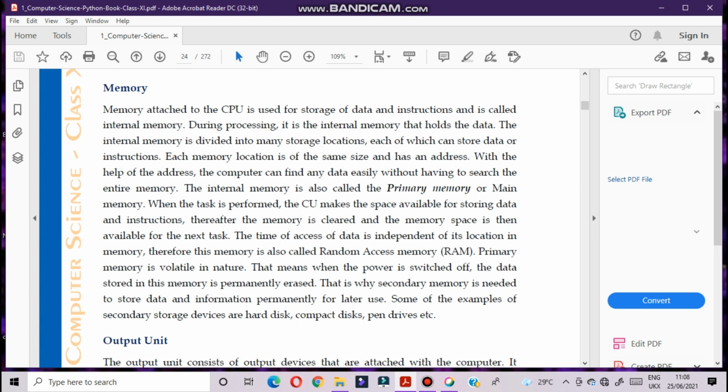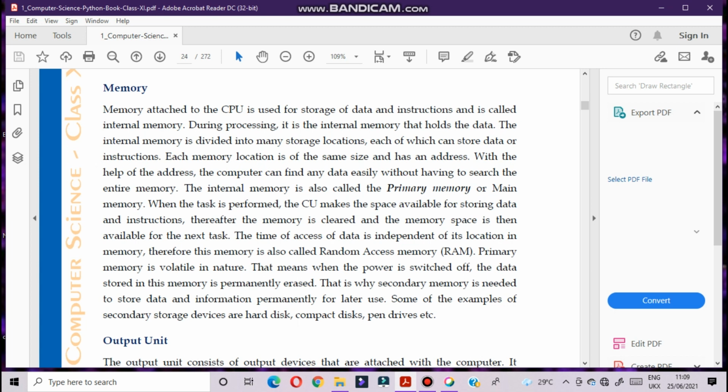So what is the work of the CU regarding memory? It will create space available for storing data and instructions.